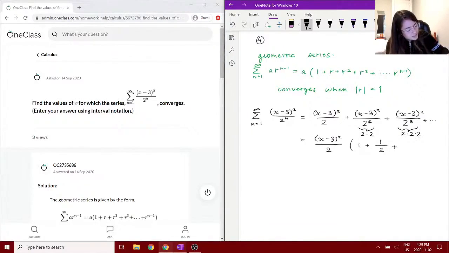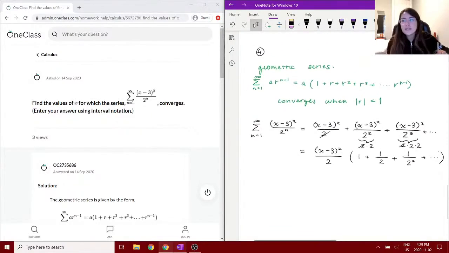So we can take one of those 2's out from each denominator, and this is what's left over for this one, so that's 1 over 4, or you can also write that as 1 over 2 squared, plus, and then etc.